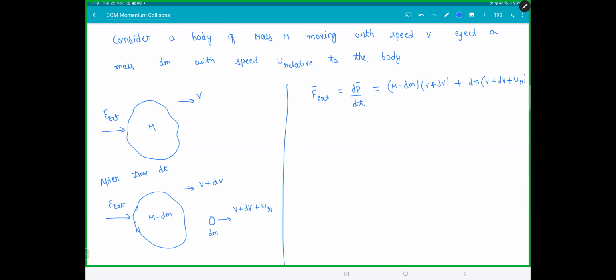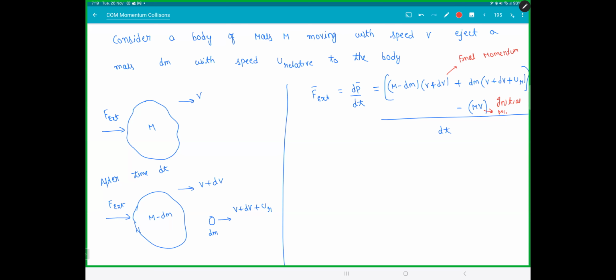That u relative is the velocity with respect to the new velocity of the body, minus this is your initial momentum, minus mv, by time dt. This is your final momentum. So I have taken the big body m minus dm as one particle and dm as another particle. This is your initial momentum.